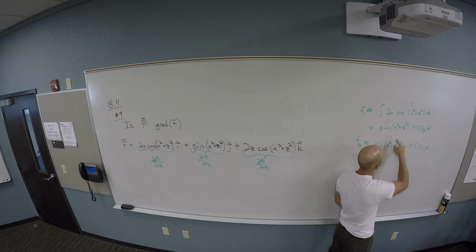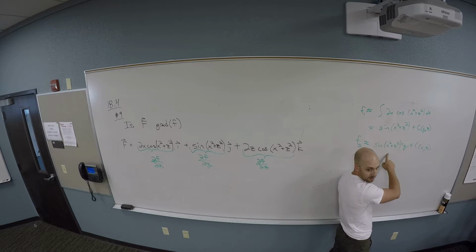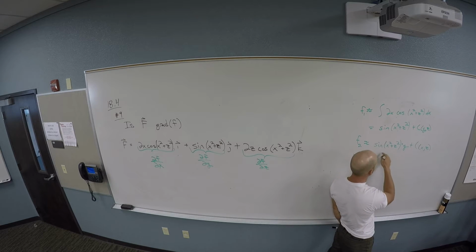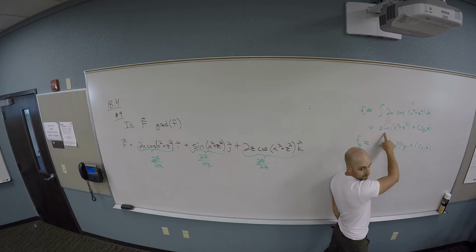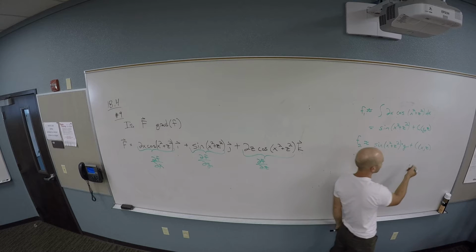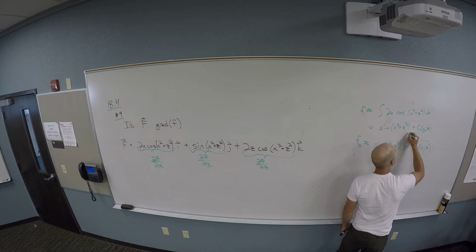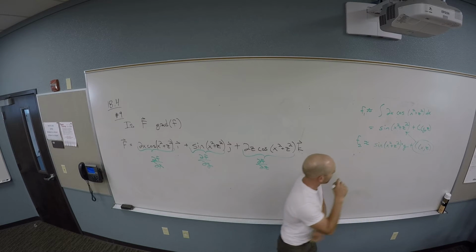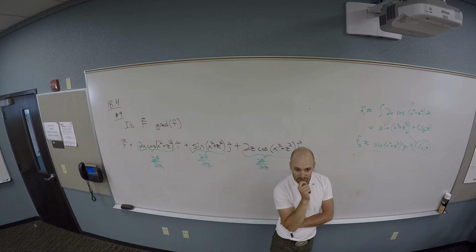The sine bits, although they look very similar, this one doesn't have a y and this one does. So what I'm looking for is my second guess versus my first guess. The bits with the sines, they don't work. So best I could do is say this thing has to be sine of x squared plus z squared.